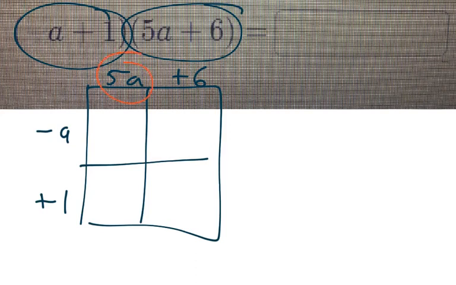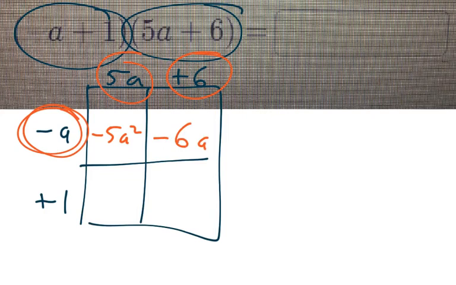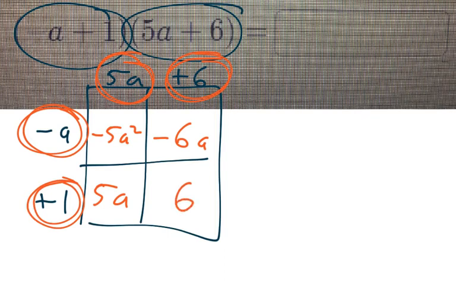All right. 5a times negative a is negative 5a squared. 6 times negative a is negative 6a. 5a times 1 is simply positive 5a. 6 times 1 is positive 6.